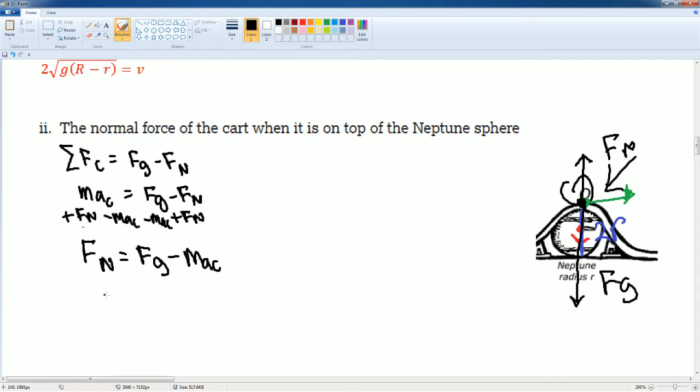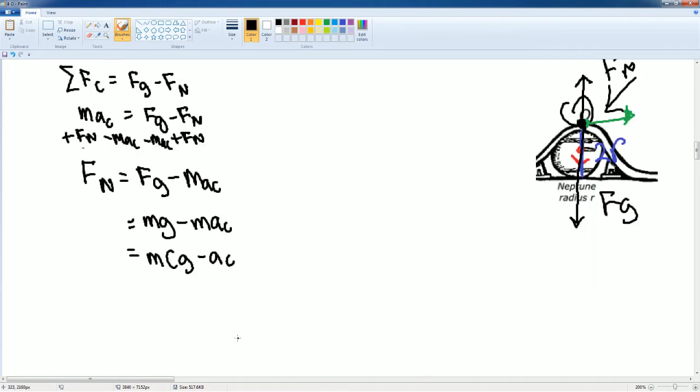Then the force of gravity is just mg minus MAC, so you can factor out an m. So you have just g minus AC. Do we know what AC is?